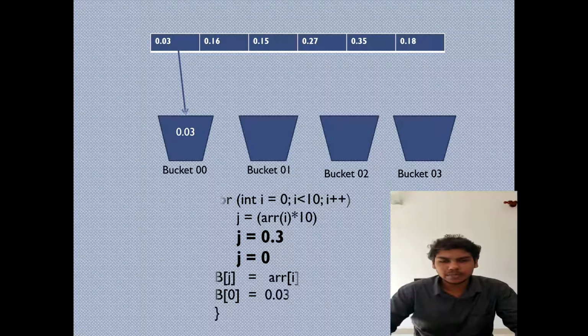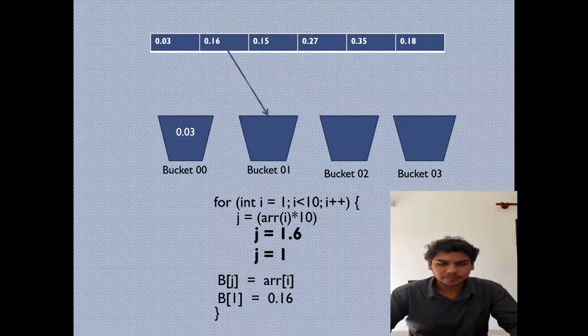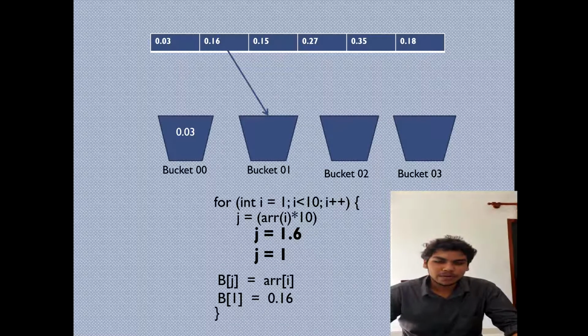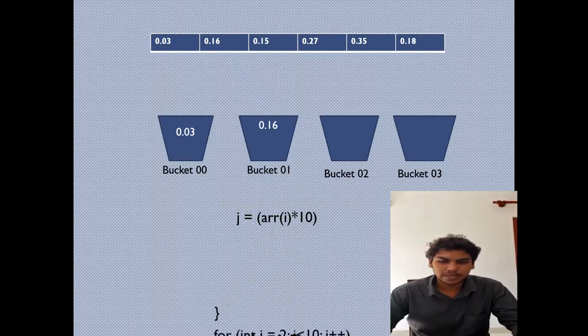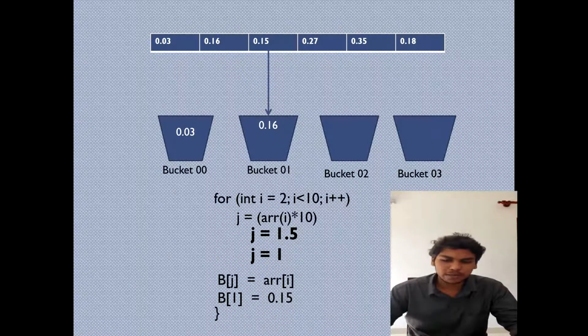If we loop through the array, we get 0.16, and if we multiply it by 10, we get 1.6, and if we round it off, we get 1, which means bucket number 1 gets the second element in the array, which is 0.16. Looping again, we get 0.15, which we multiply by 10 to get 1.5, and if we round it off, we get 1. So bucket number 1 again gets the third element of the input array.